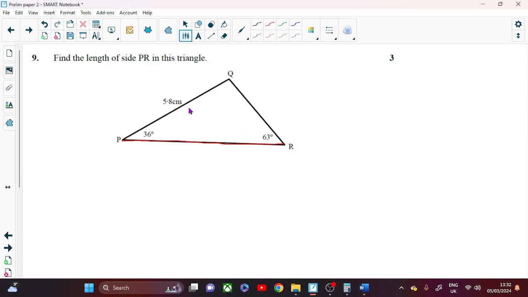So we're going to be using opposites. We've got opposite here, and we need this opposite. So that's going to be the sine rule. And because we're looking for a side, we want it this way up.